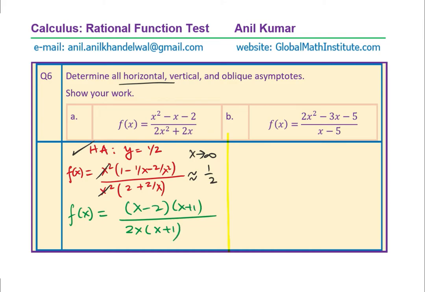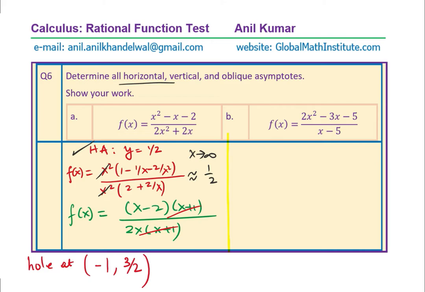Since one of the factors cancels, we do have a hole at x equals minus 1. But if x is minus 1, what is f of x? Well, minus 1 minus 2 is minus 3. And then we have minus 2 here. So it is 3 over 2. Minus minus cancel. So that is how you have to figure out all these things.